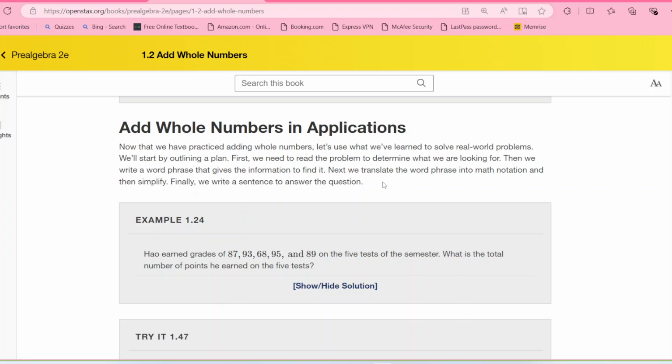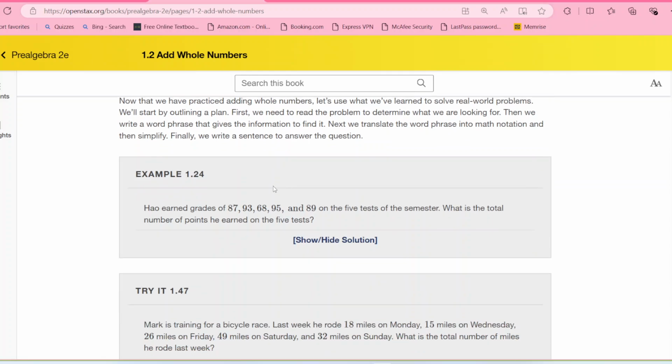Next, we translate the word phrase into math notation and then simplify. Finally, we write a sentence to answer the question. So I'll be going through these steps in example 1.24.